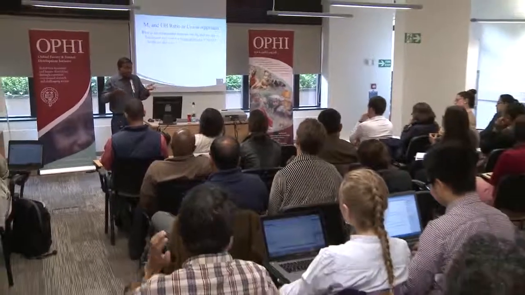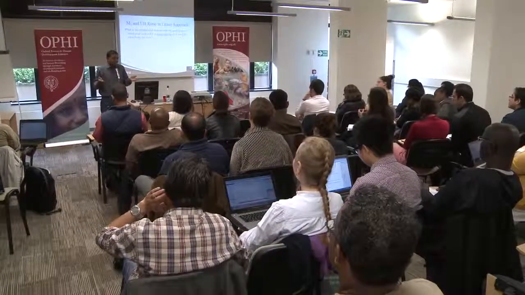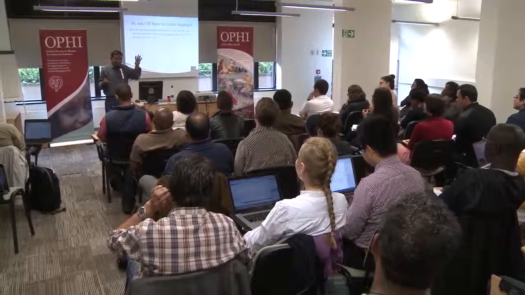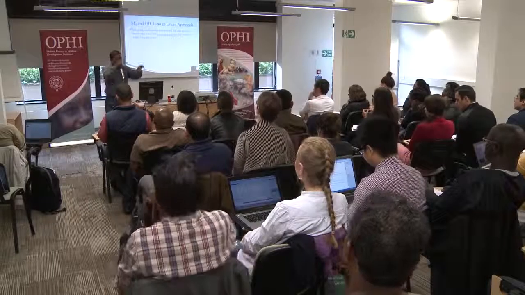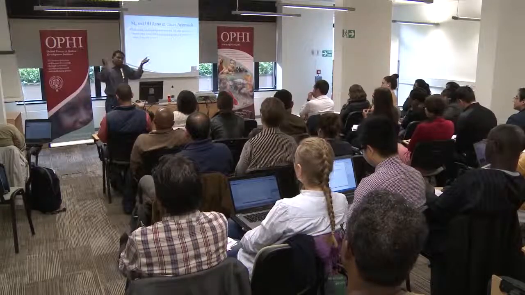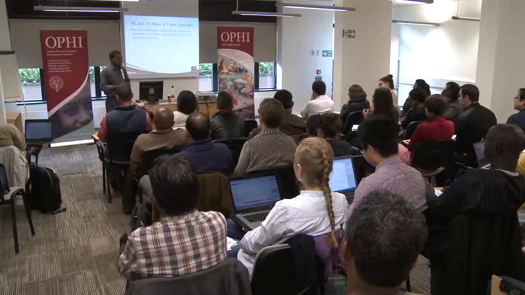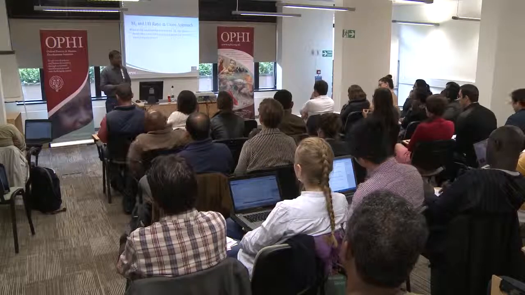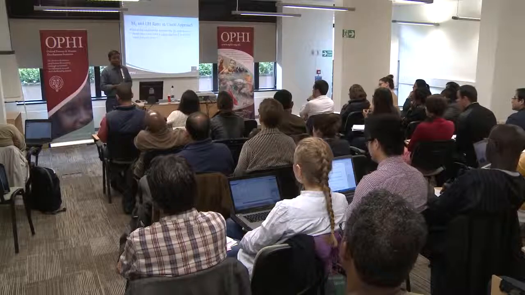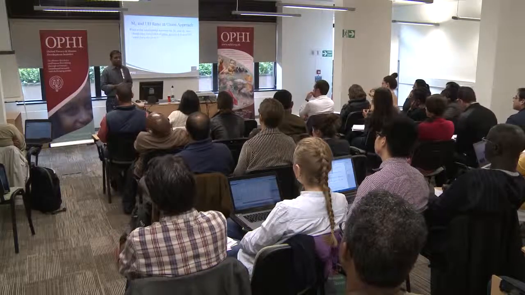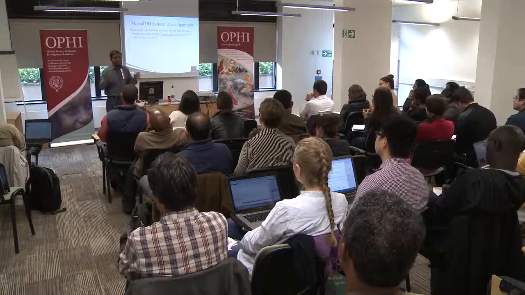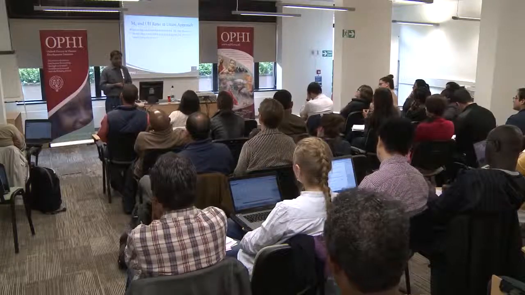So it can actually be calculated even without considering the joint distribution. You compute the uncensored head count ratio for each dimension and just take a weighted average, and you get the M0. So even if you do not know the joint distribution, it is possible to compute, and it becomes sort of a composite index.